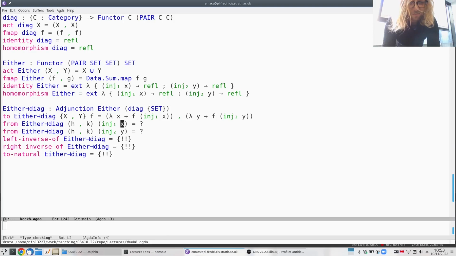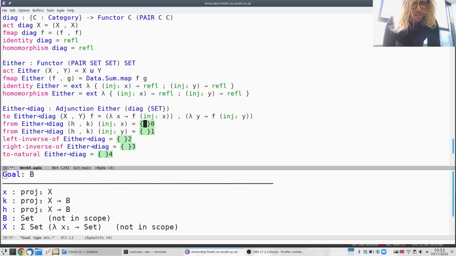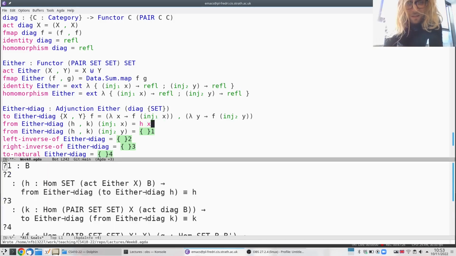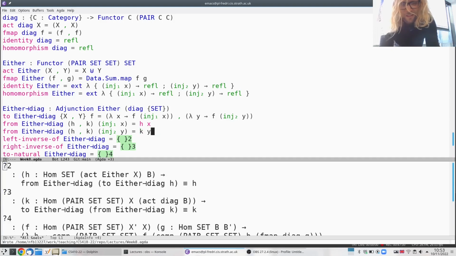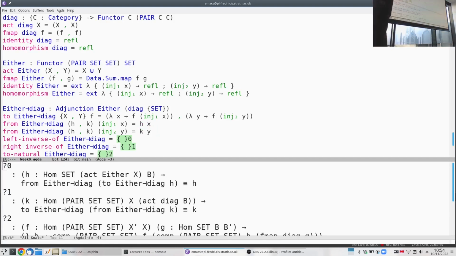It's either an inj1 or an inj2. If it's an inj1, then I can use h to turn it into b, right? And if it's an inj2, then I can use k. So I just use whichever one I want depending on which component I'm in.